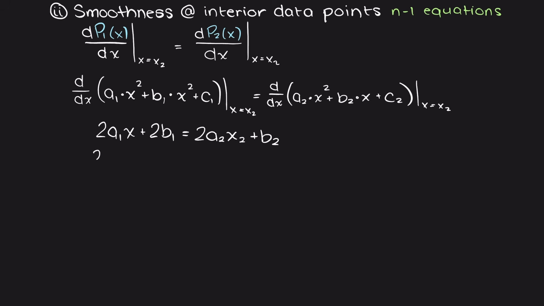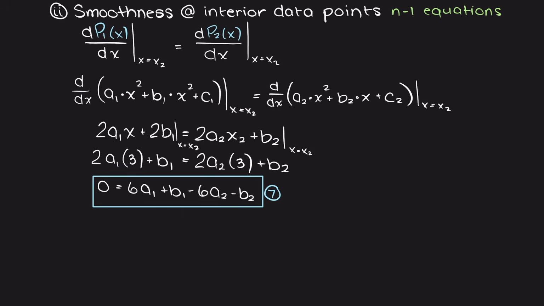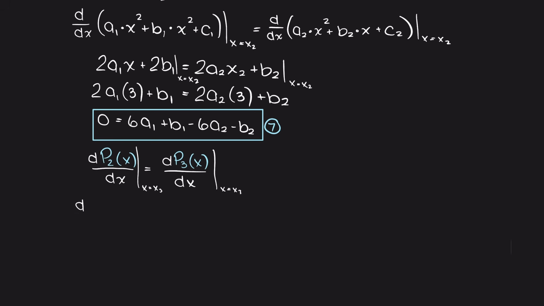Therefore, to get our first equation here, we are going to take the derivatives of p1 and p2 evaluated at x2. This works out to the following equation. Secondly, we will repeat this process for our second interior data point. Therefore, we will evaluate the derivative of p2 and p3 at x equals x3.